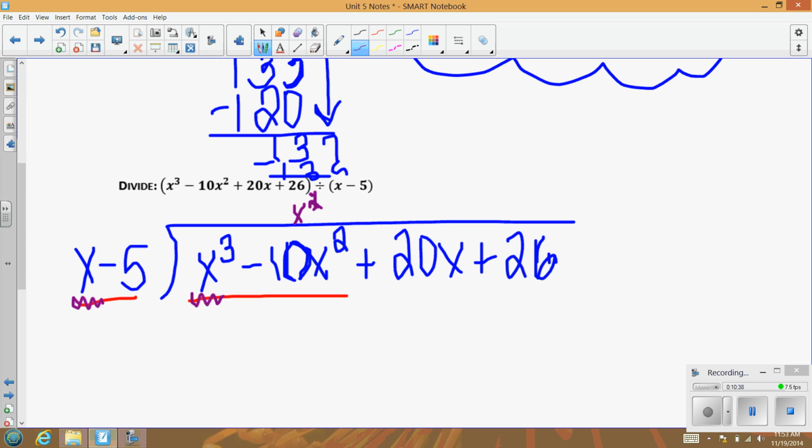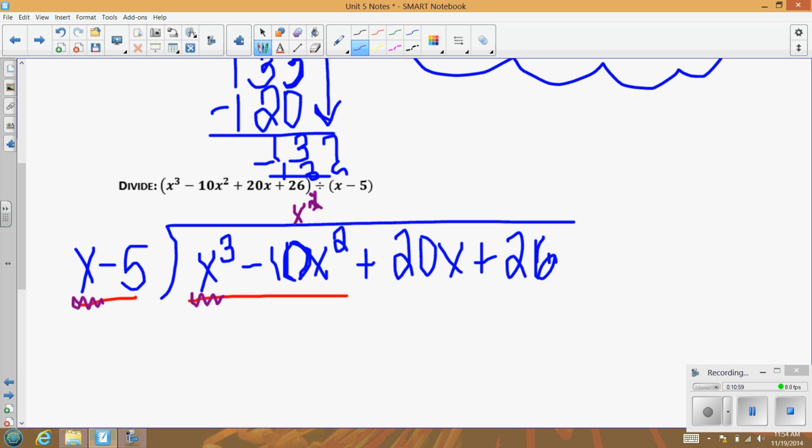And then when we multiply, we just have to make sure that we multiply x squared by each of these x minus 5 terms. So I'm not going to worry about this 5 going into anything yet. That'll kind of just take care of itself. I'm always just going to look at the first terms.